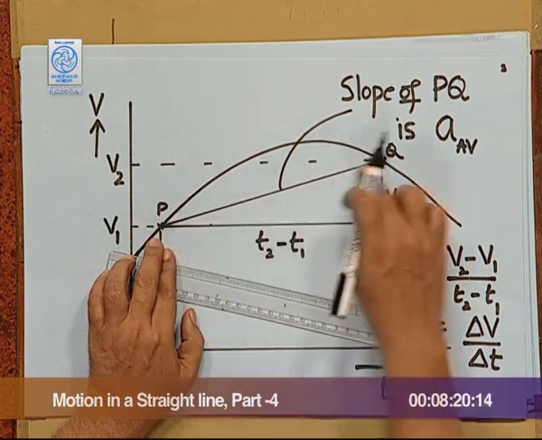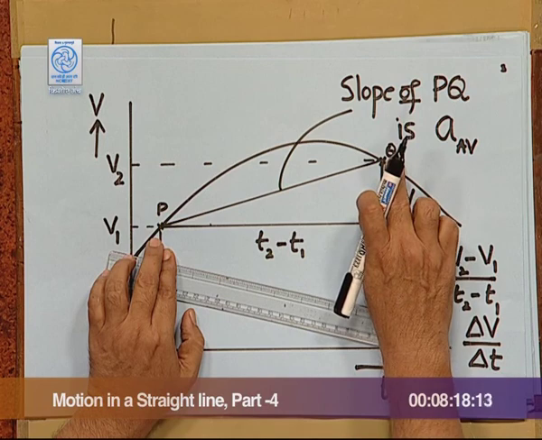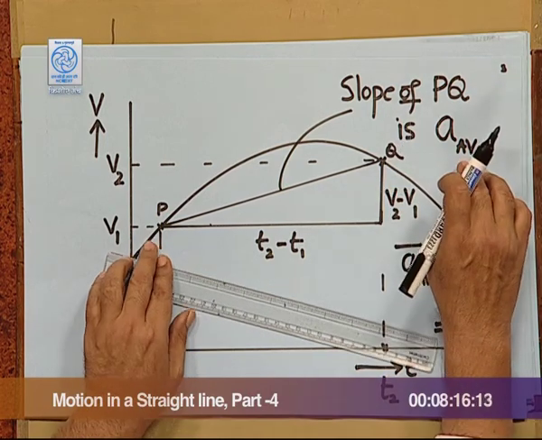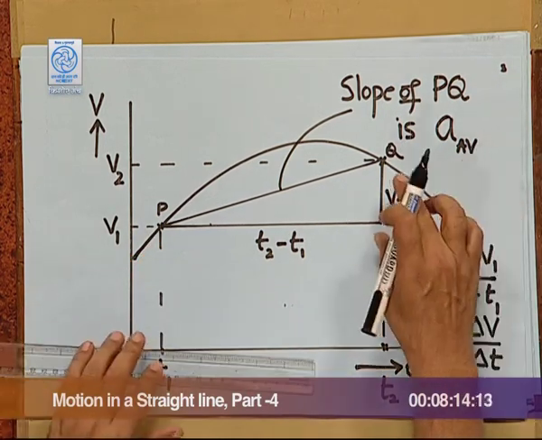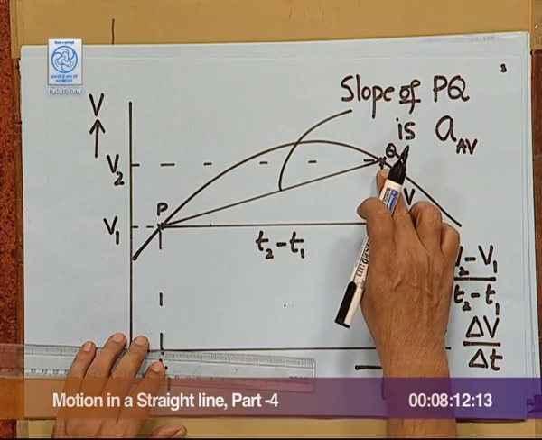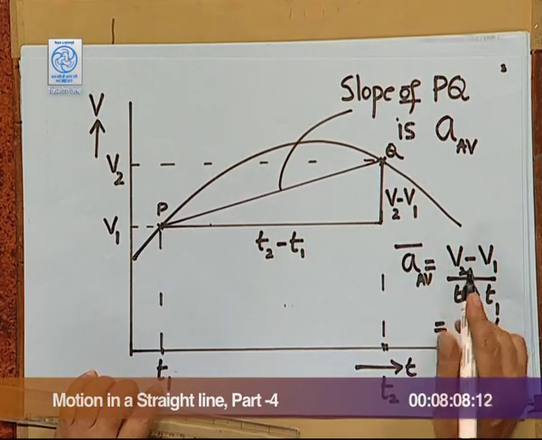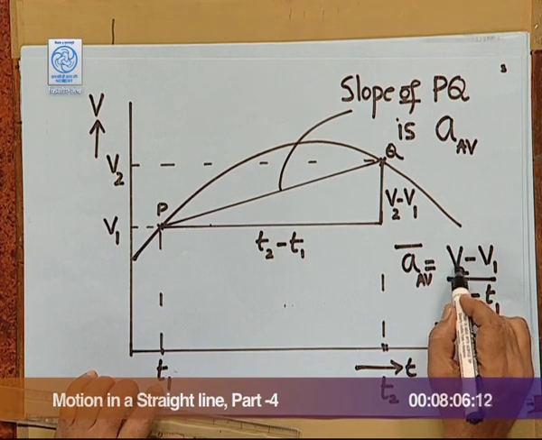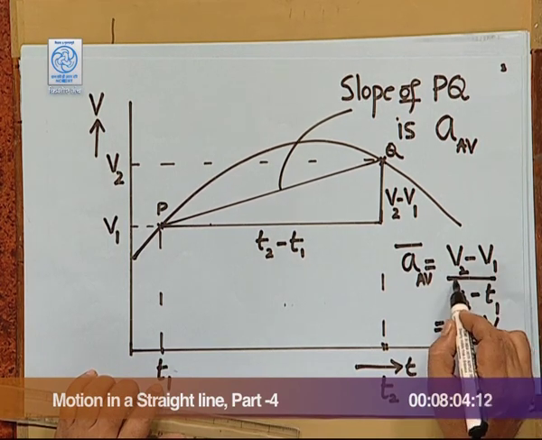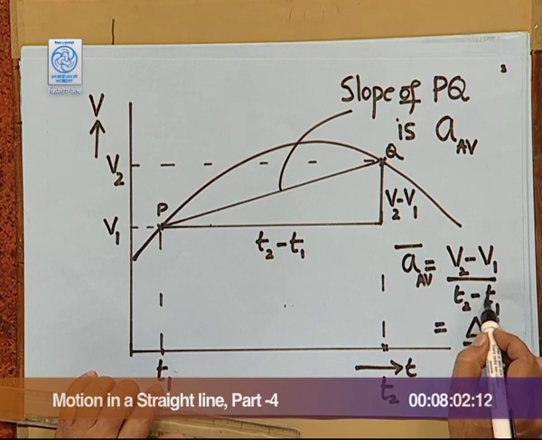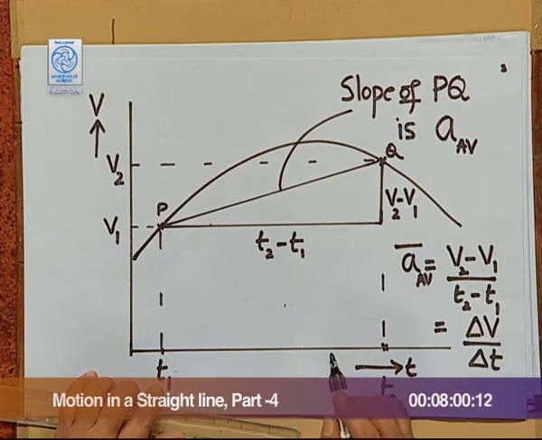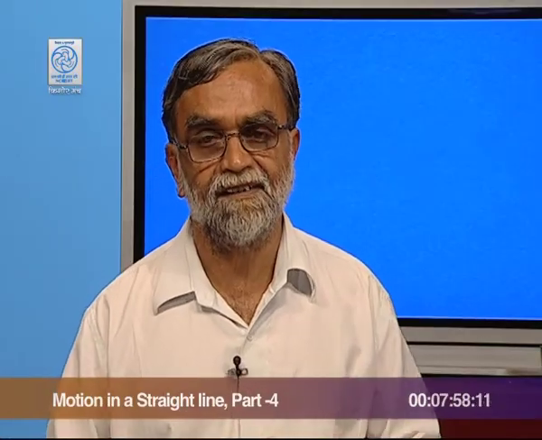The slope of this line p q is called the average acceleration. Average acceleration in the interval time t1 to t2 is defined as change in velocity, that is v2 minus v1, divided by t2 minus t1, which is represented as delta v by delta t.